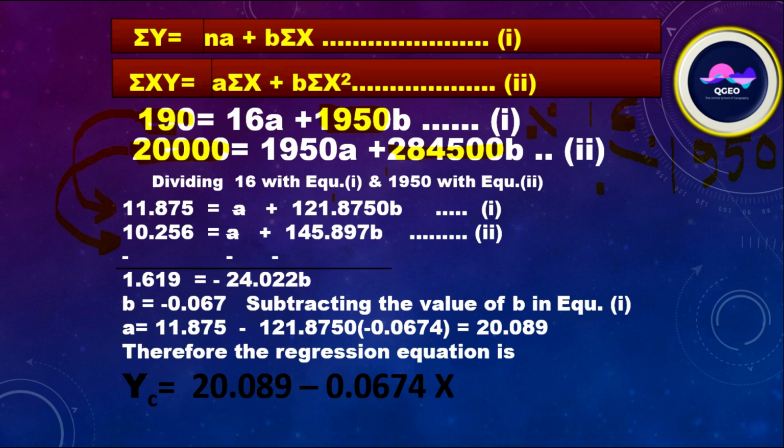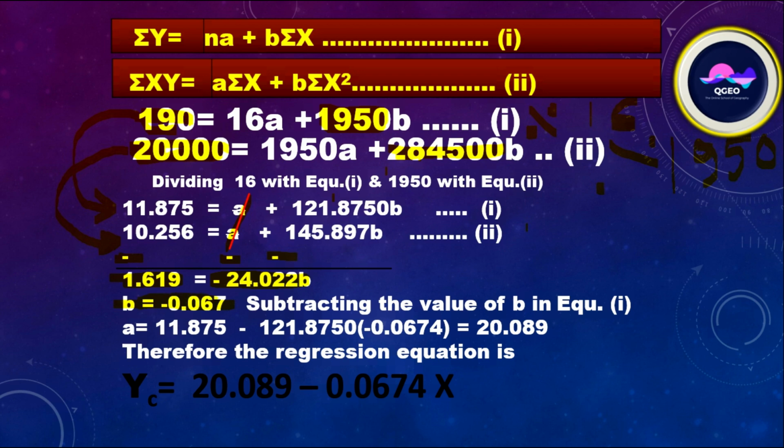Subtracting, minus sign and minus sign, the value will be 1.619 equal to minus 24.022 b. In this way we can calculate the value of b, because minus a and plus a cancel out here.